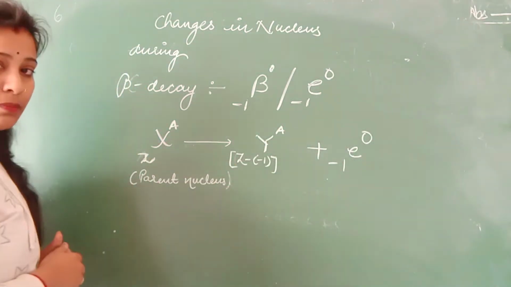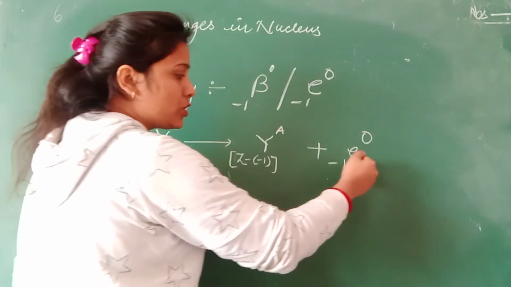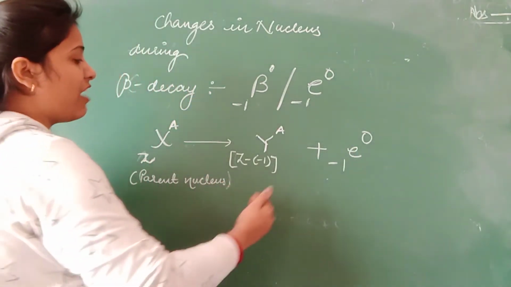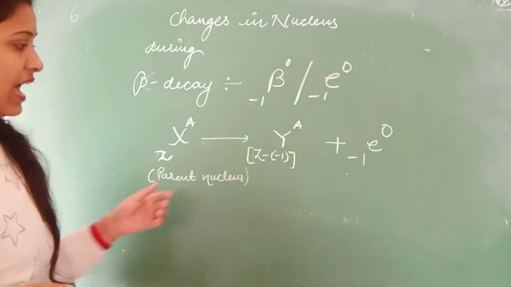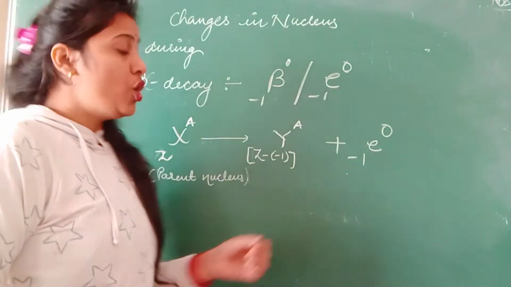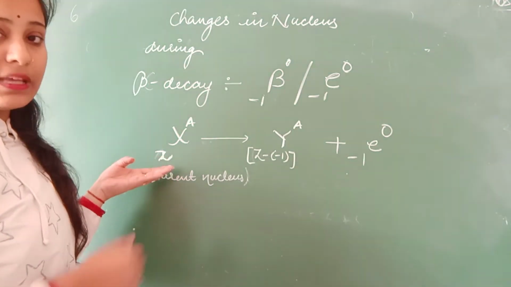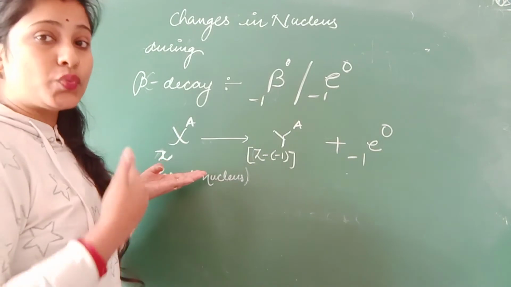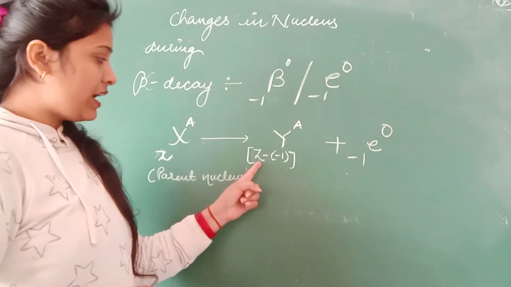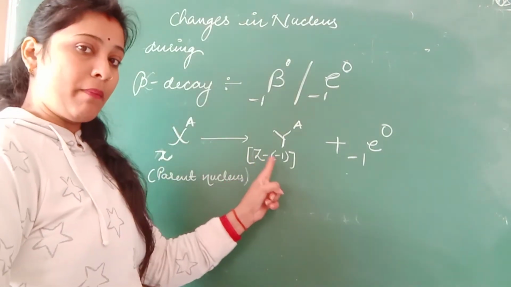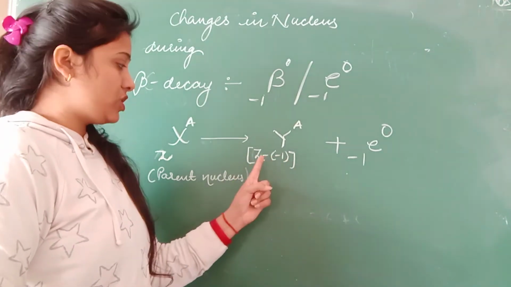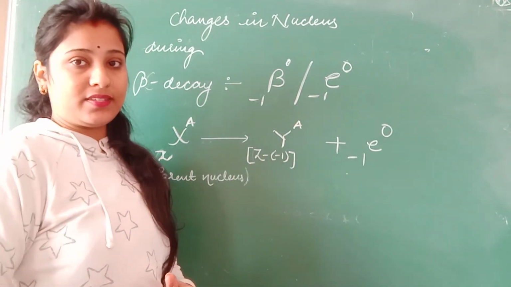What about the atomic number? Since it is releasing minus 1 in atomic number, we are subtracting minus 1 from Z. So we can write Z plus 1, because minus minus becomes plus.